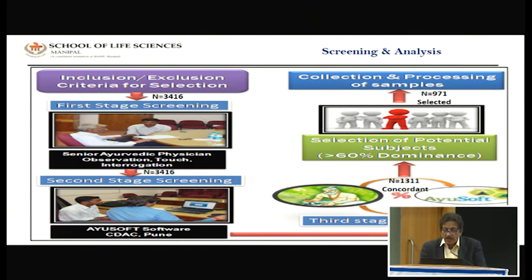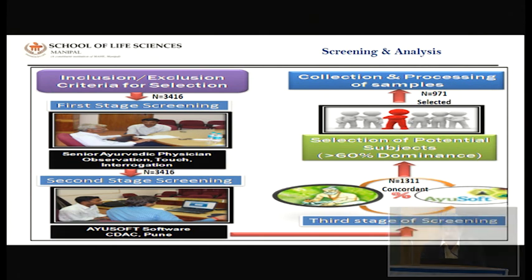In order to identify people with the monotypes or the dominant Prakritis, the strategy adopted was of two kinds. One is simply using the expertise of the Vaidya, and the second is using the AYUSH software, which can electronically determine the Prakriti of an individual.